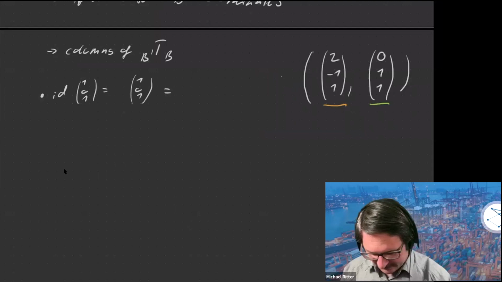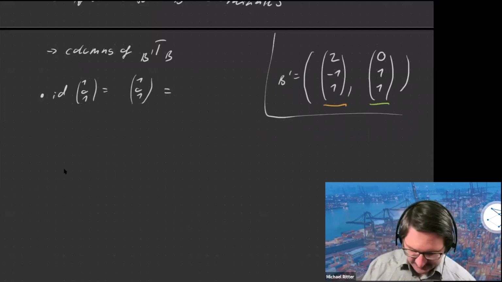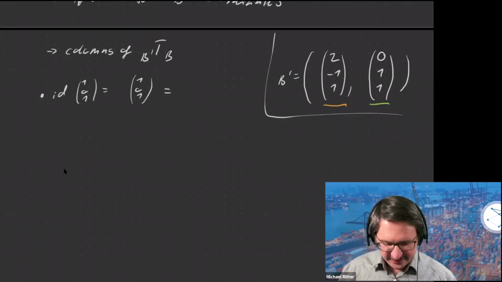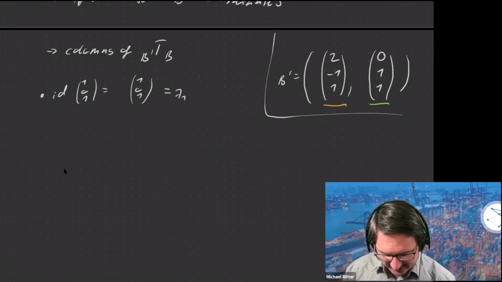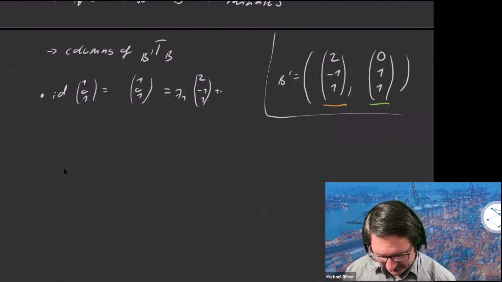So remember that is B prime here. So we want to express our vector 1 0 1 in terms of B prime. So we want that as a linear combination of 2 minus 1 1 and 0 1 1.